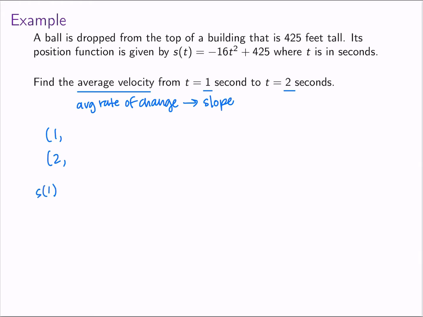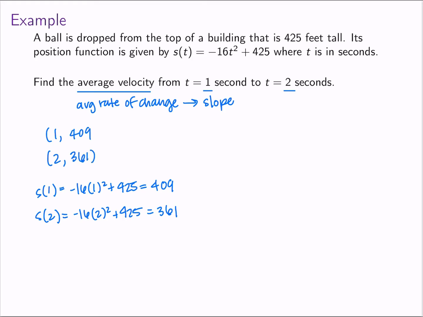So s of 1 would be negative 16 times 1 squared plus 425, and that ends up being 409. And then s of 2 is negative 16 times 2 squared plus 425, and if we work that out, it's 361. So I have 2 points, 1 comma 409 and 2 comma 361.